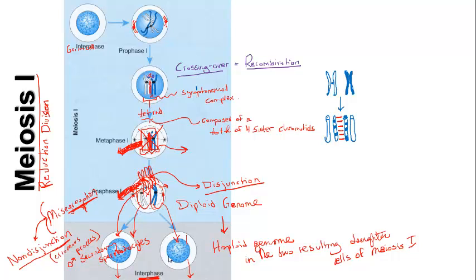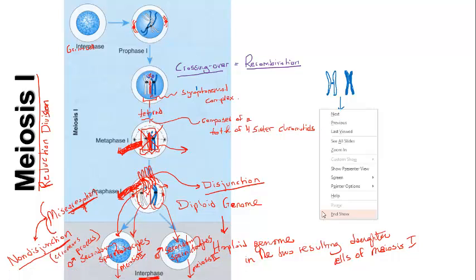And in the male, both of these secondary spermatocytes, which are the daughter cells that resulted from meiosis 1, will proceed to meiosis 2.